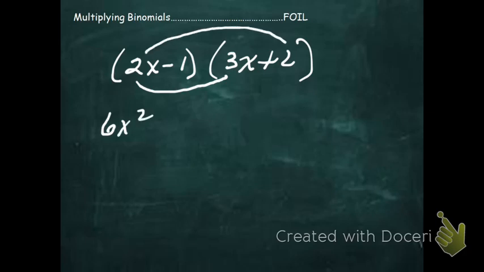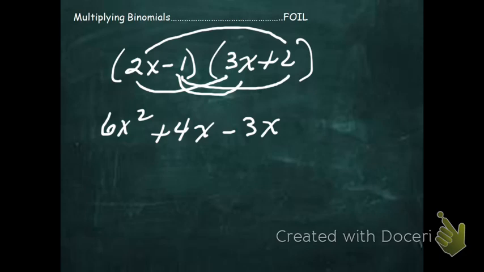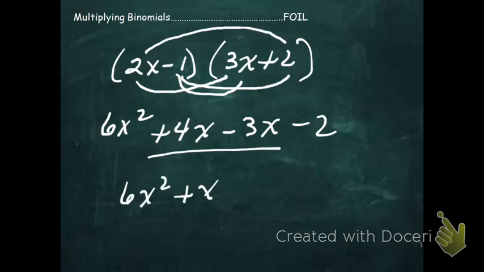Outside, 2x times positive 2 is a positive 4x. Inside, negative 1 times 3x is a negative 3x. And my last, negative 1 times 2 is a negative 2. Combining my like terms here in the middle, then, I get 6x squared plus 1x, we don't need to write the 1, and then minus 2.